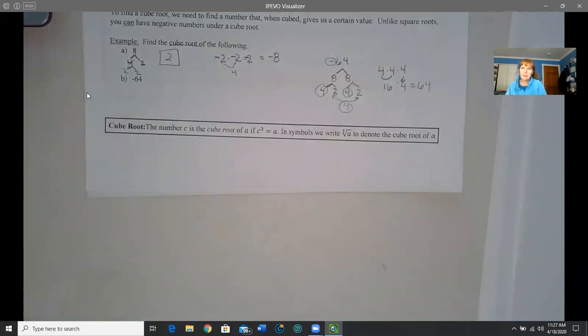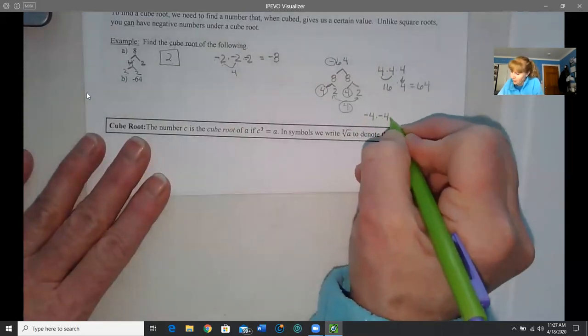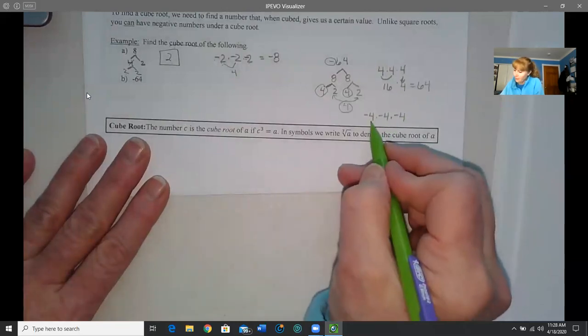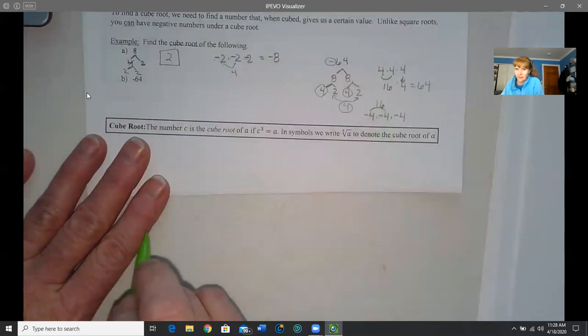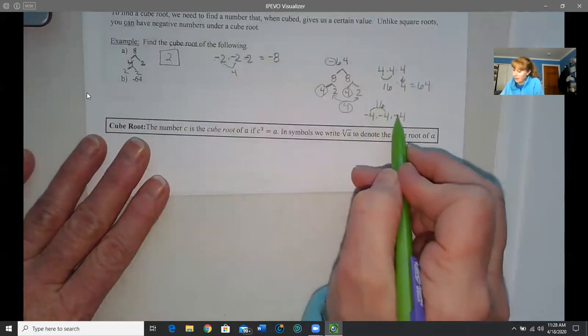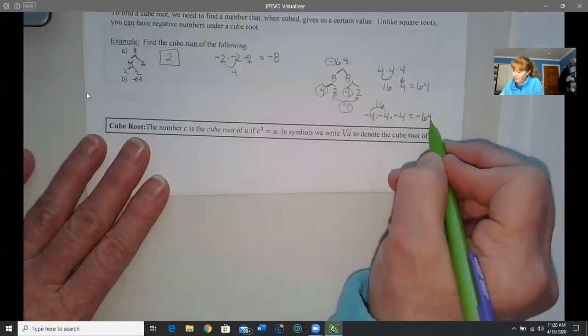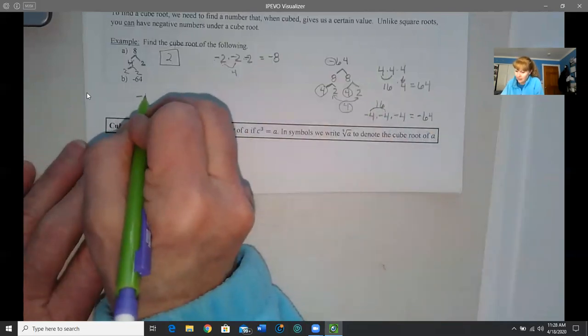What about the negative? Well, let's try -4 times -4 times -4. Well, -4 times -4 is a positive 16. 16 times -4 is a negative 64. So your answer for this one is -4.